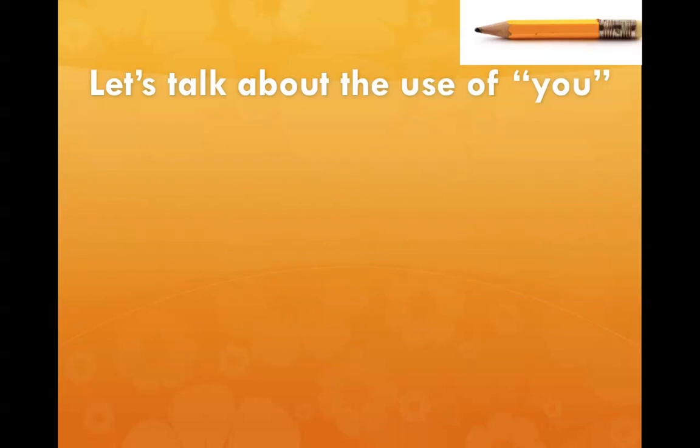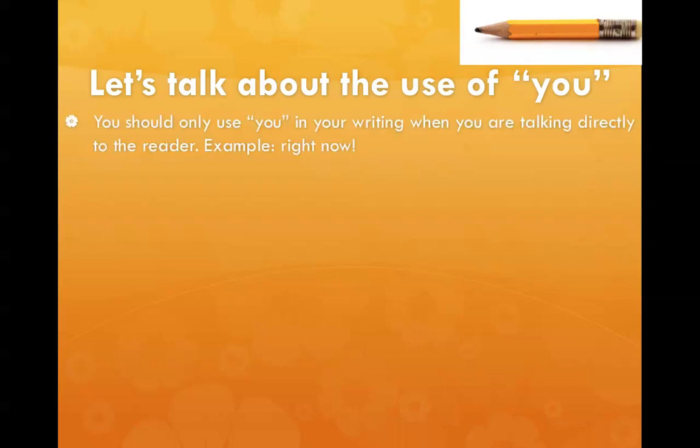Now we're going to talk about the use of you. I've noticed this a lot in some of your papers, and I've been marking it, but I want to make sure that I address it with you specifically because I want to make sure there's no confusion. When you use you in your writing, you are talking directly to the reader.